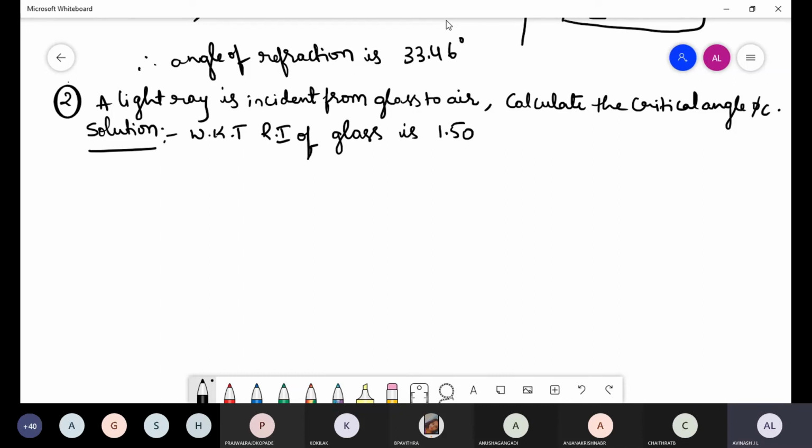Similarly, the refractive index of air is 1 or 1.00. Here I will call this N1 and this N2. So the refractive index of glass and the refractive index of air, these two are general values.